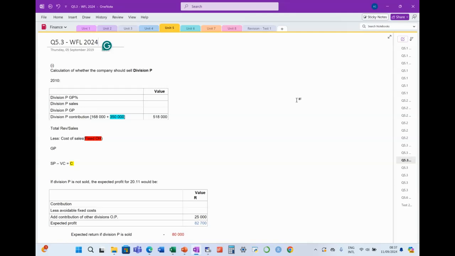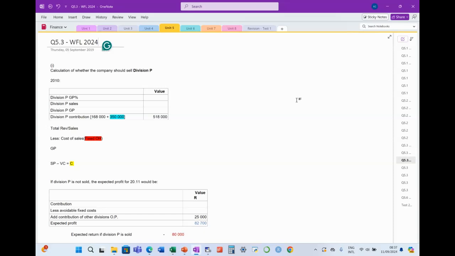Okay, so here can you see, this is the opportunity cost that I was telling you, or the lost contribution, because they're saying that some sales of other divisions would be lost, amounting to a contribution of 25,000. Okay, so I just thought I'd mention that now.